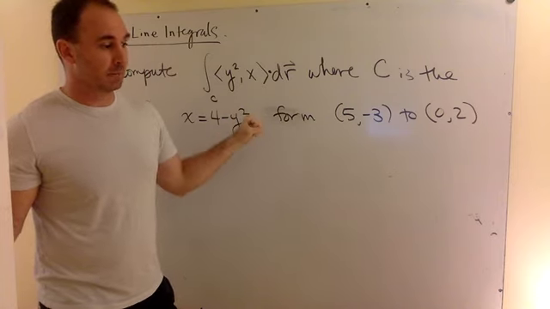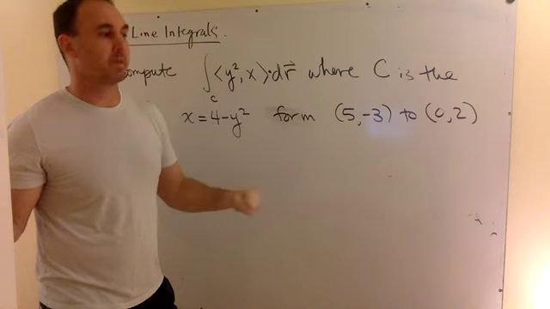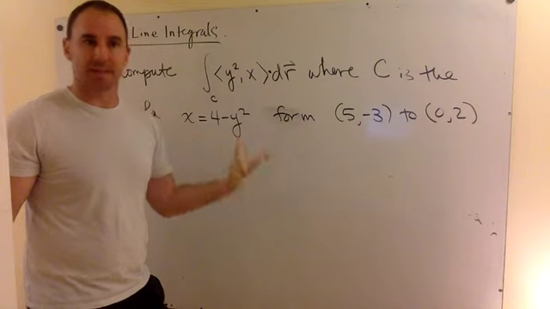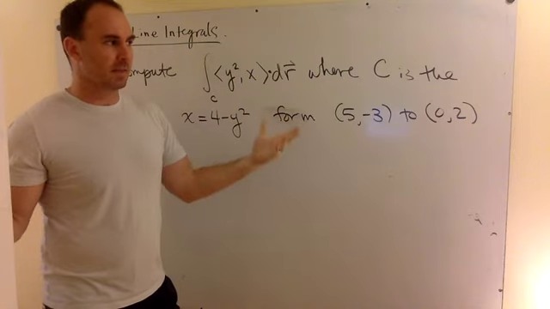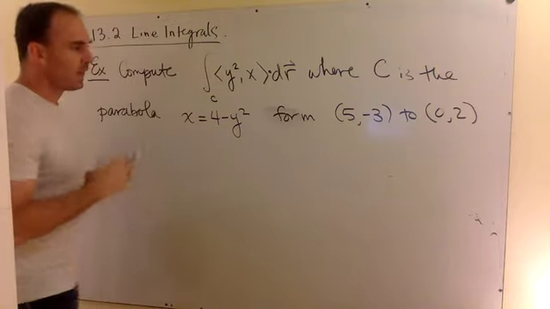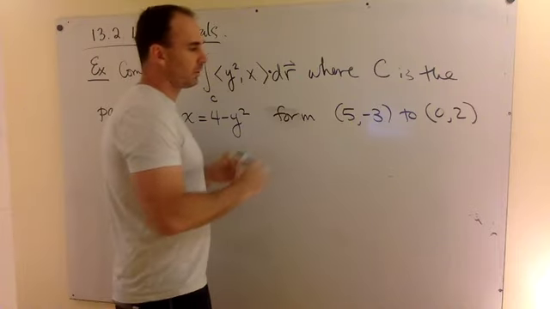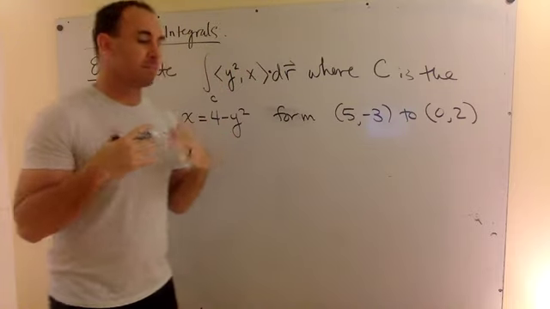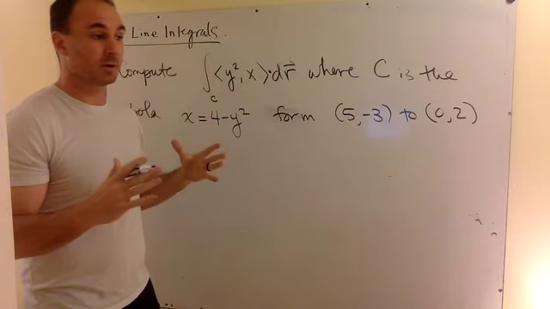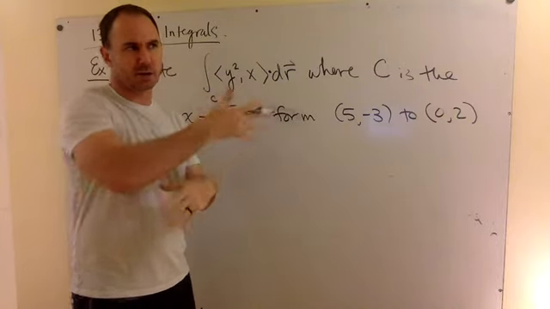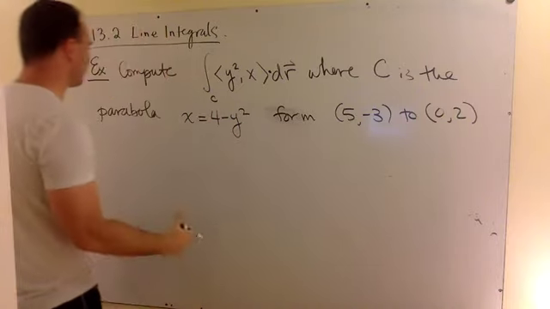If I move a particle from P to Q, and then go from Q to P, that's the opposite, so I get the negative of what I got before. So the orientation of the curve matters, and when you do vector line integrals, you specify from here to here. This is not present with scalar line integrals, which have a positive meaning: the area of the sheet underneath the surface.